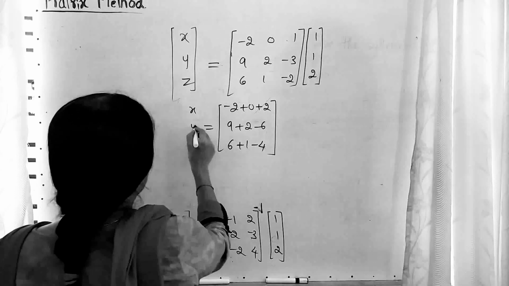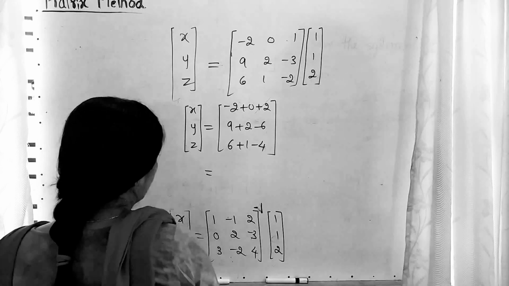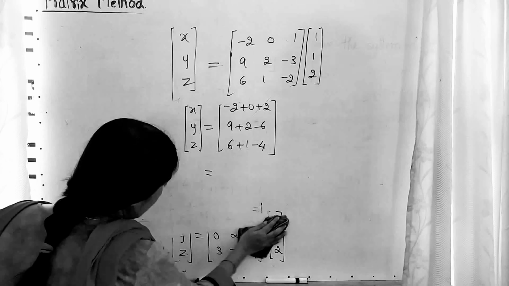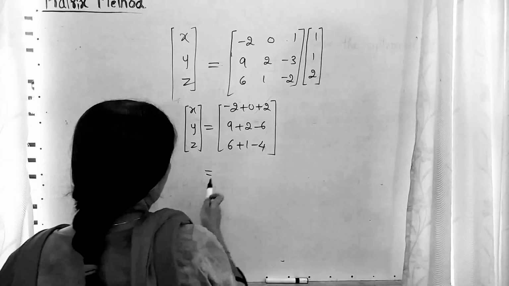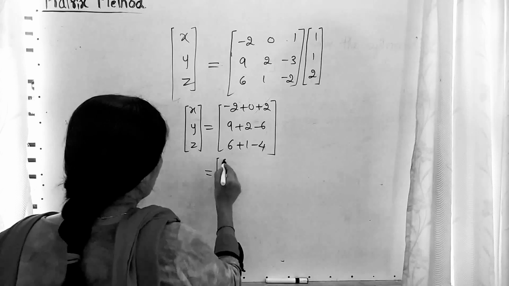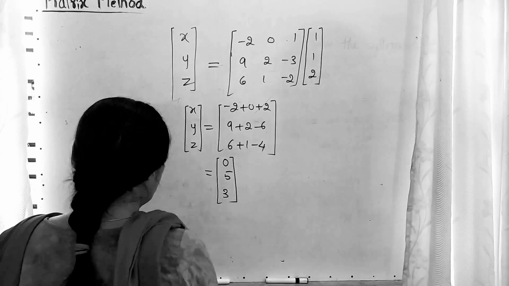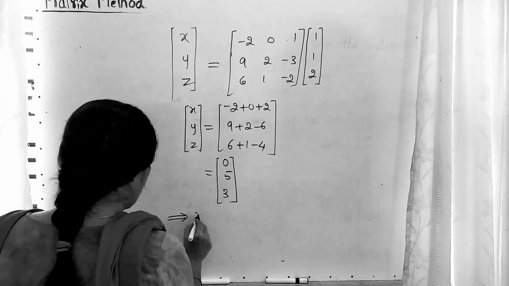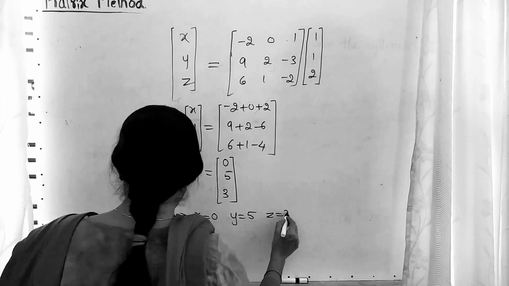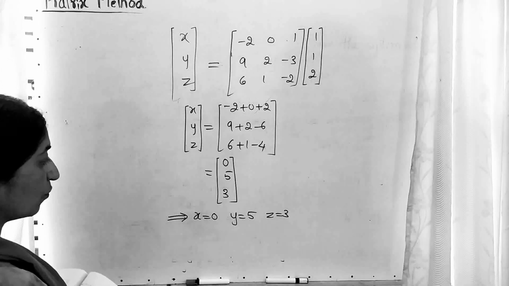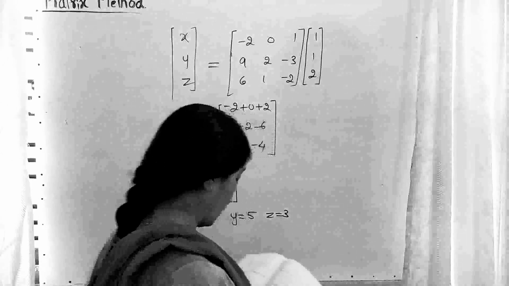Simplify this. x, y, z. This is 0. This is 5. This is 3. Yes, this implies x is equal to 0, y is equal to 5, z is equal to 3. See, is it interesting or what? And if you want, you can go for the verification also.